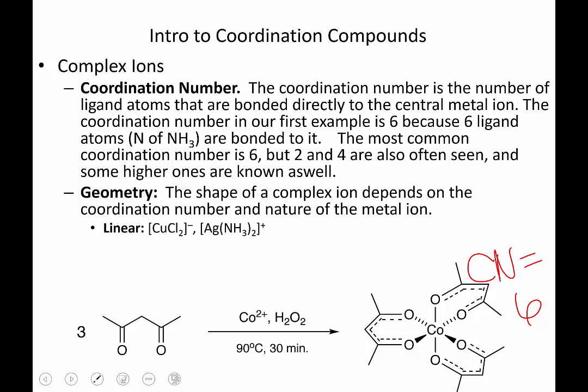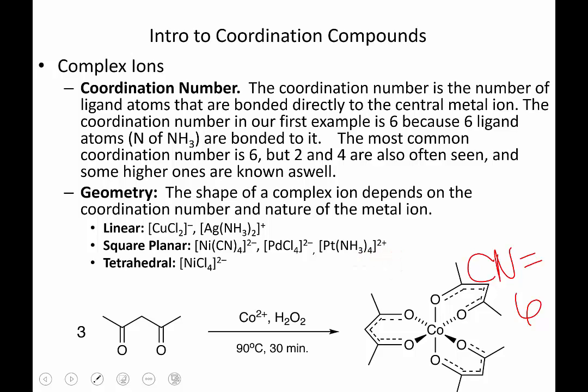If you have a coordination number of 2, you'll have a linear complex. With a coordination number of 4, the unique thing about coordination compounds is that in general chemistry you learned a steric number of 4 was tetrahedral, but with these complex ions, sometimes you can have a square planar geometry or a tetrahedral geometry. We'll talk more about how to predict which in the upcoming weeks.